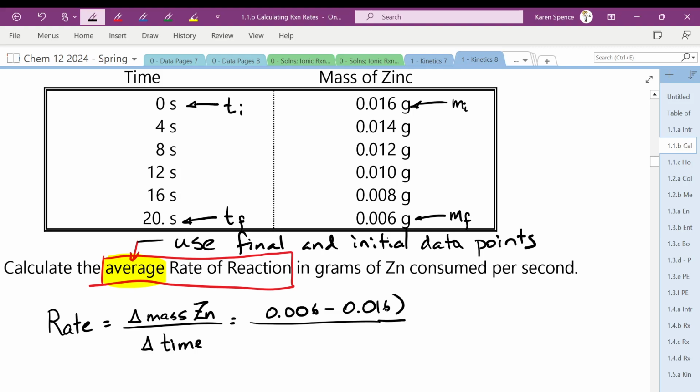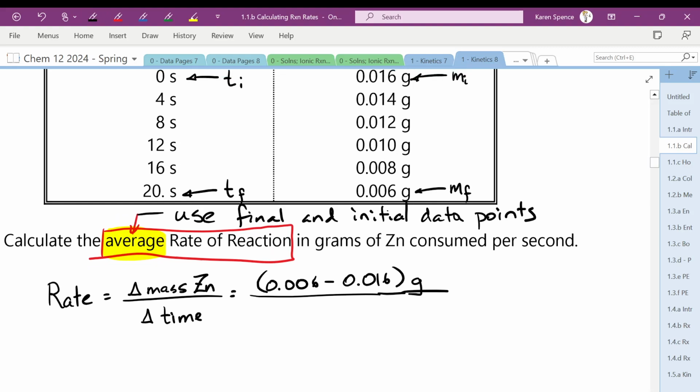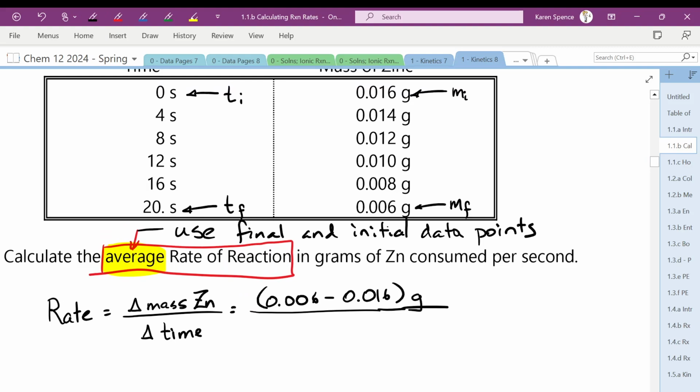You could put these in brackets and write the grams at the end if you want to. You could also just write 0.006 grams minus 0.016 grams. Either way is fine. And then we have 20 seconds, the final time, minus the 0 seconds, which is the initial time.